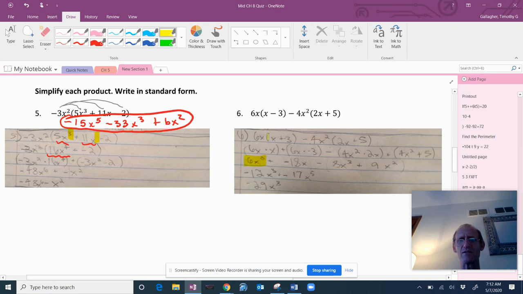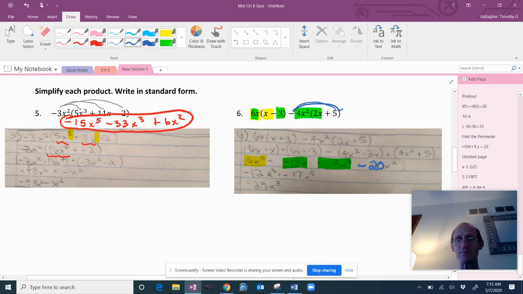So you did this, and you got that from that, and then you did this here, and you got that, and then this you ended up with negative 8x cubed, which is correct, and then this though should be negative 20x squared here. Okay, so this should be negative 20x squared.